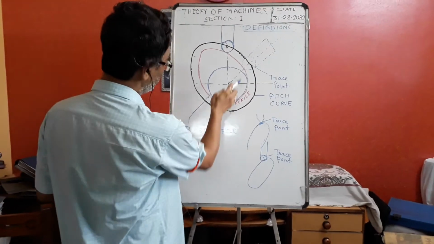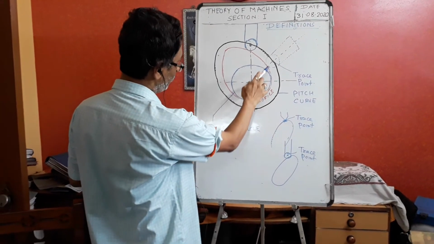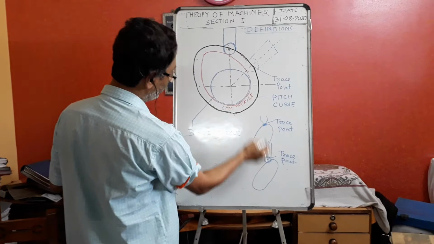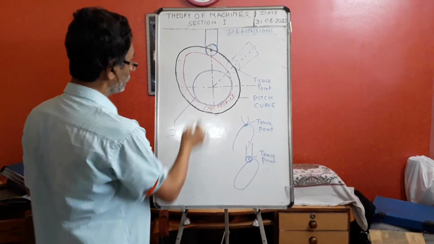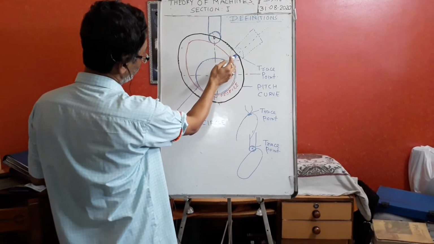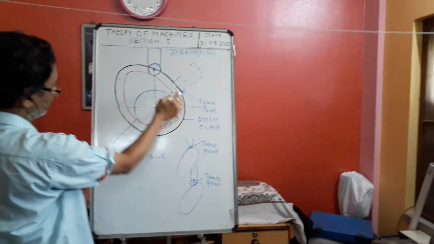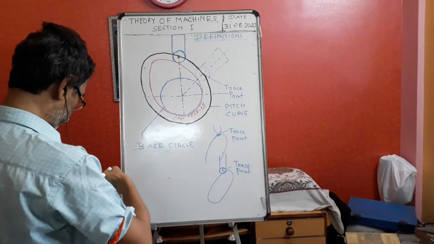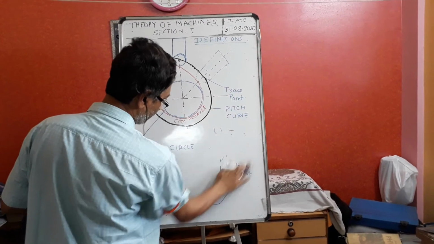What is the pitch curve? The pitch curve is the locus of the trace point. What is the trace point? For a knife edge, the contact point is the trace point, and for a roller follower, the center of the roller is the trace point, which will trace the profile. The locus of this trace point is the pitch curve.